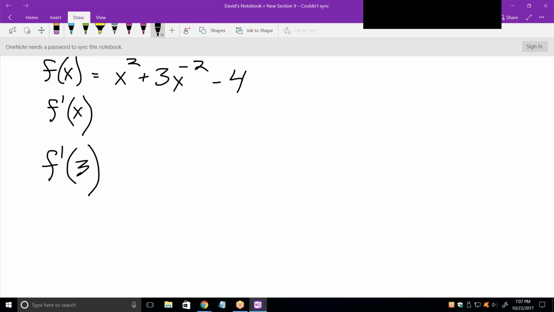Now, have you learned the power rule yet? We have, but the way they do it is a little interesting here. We started learning that today, but it's not going to be allowed on the midterm. So how we've done this so far is we have to use the definition of the derivative.